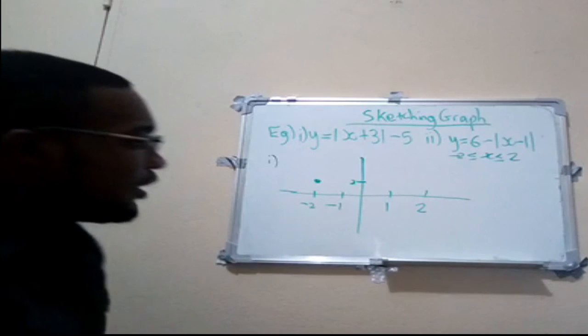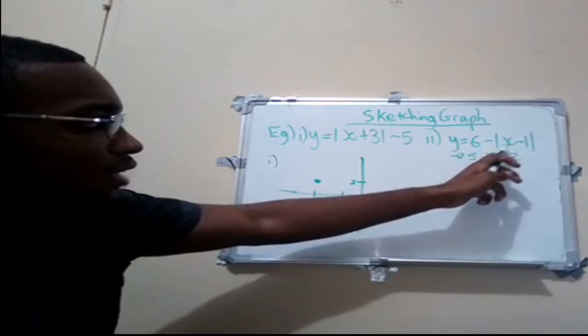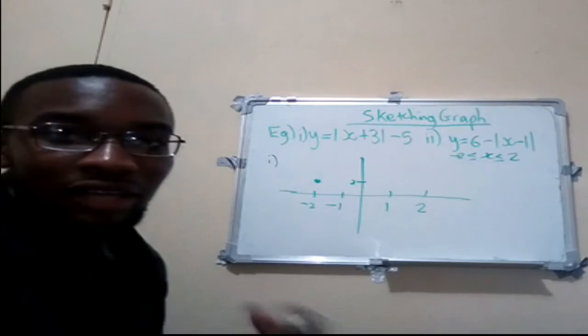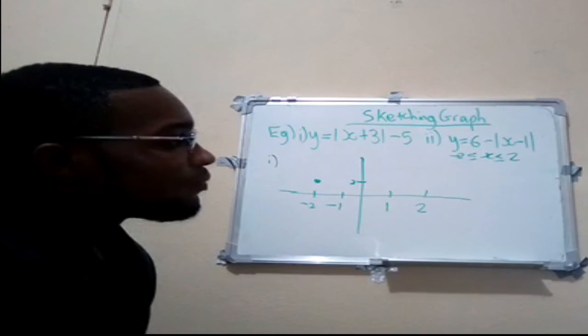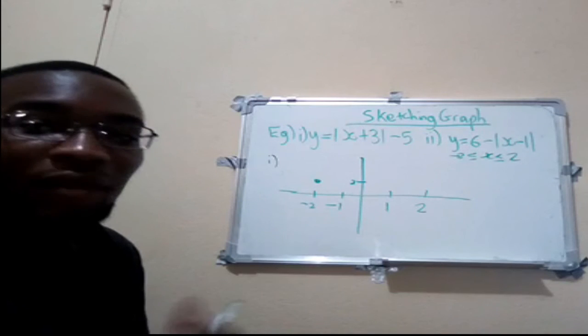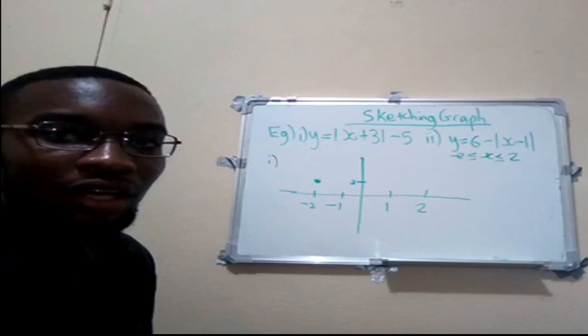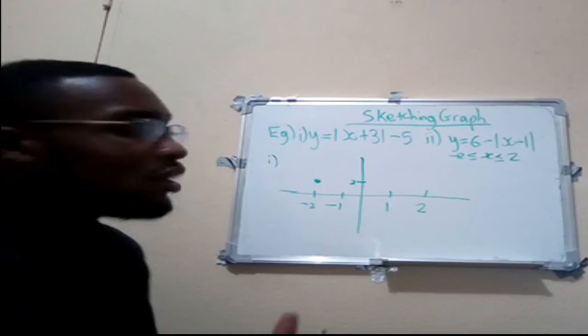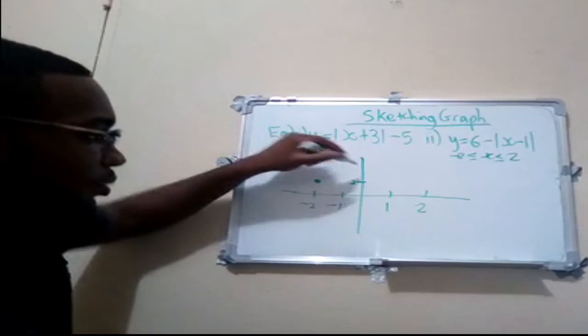When x is -1, we get -1 minus 1, which is -2, and then the modulus of -2 is 2, and then 6 minus 2 is 4. So the corresponding y value would be 4.